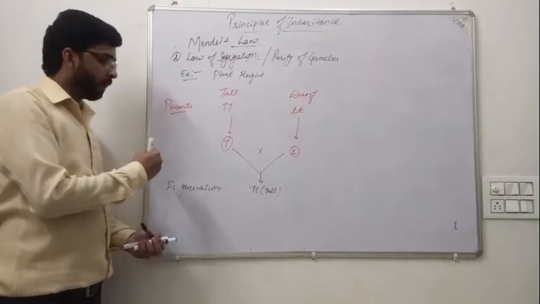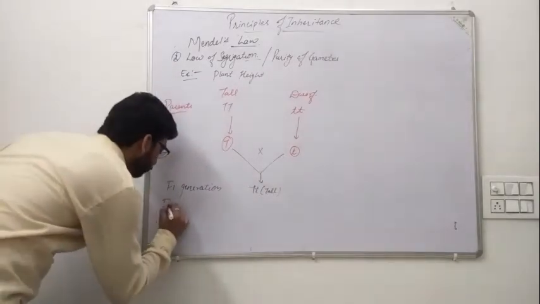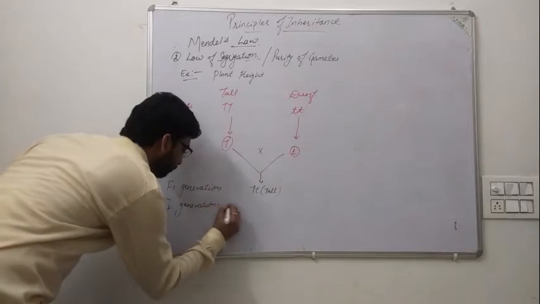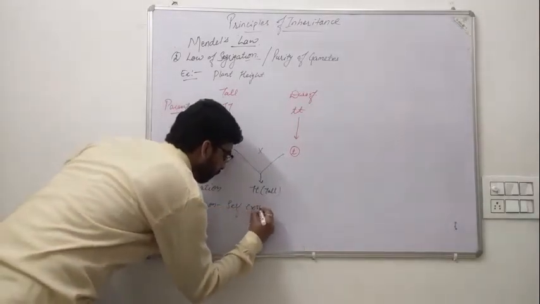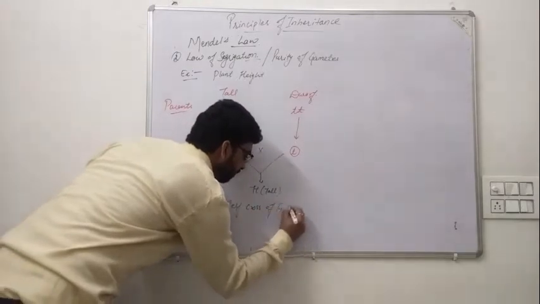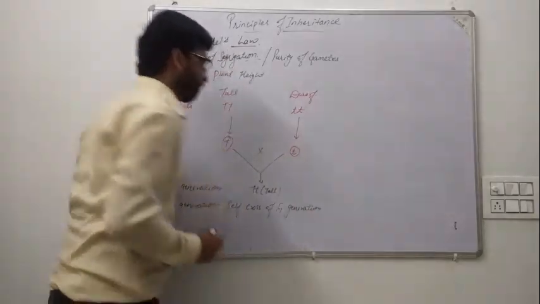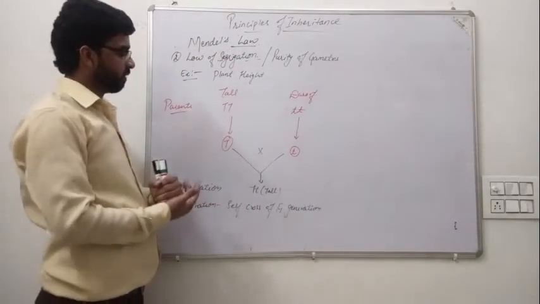But now in the F2 generation, we self cross the F1 generation. Now what will happen here? We are going to self cross the F1 generation.